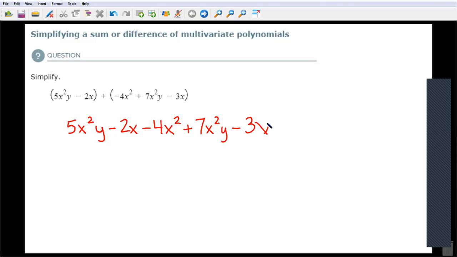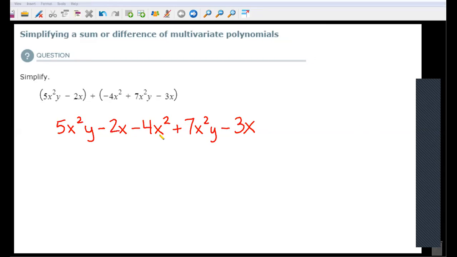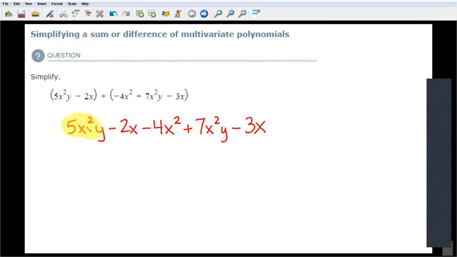So taking a look here now, you have to remember that we're only going to combine like terms. This looks like a huge mess, but it's actually a lot easier than it looks. So what I want to do first is look at the first type of term that I have, and that is right here, my 5x squared y. What I have to look for is the combination of x squared and y in another term.